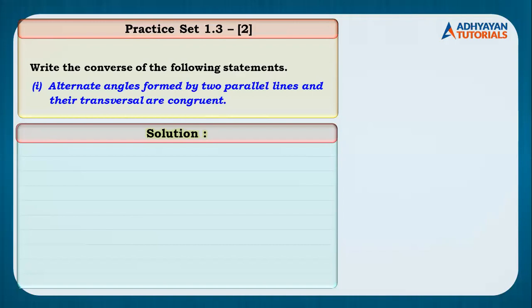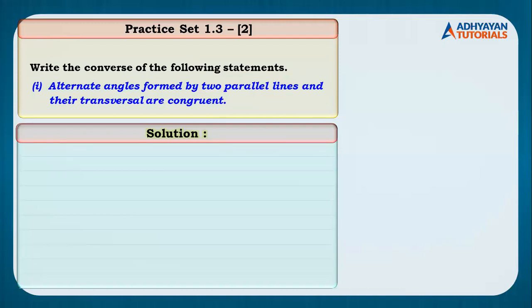Now, because there is no if and then in this statement, believe me students, you all get confused. You don't know what is given, what is to prove, and how to reverse it, and you make a mess. So to understand this question very clearly, first I want you all to identify what is given in this question and what is to prove.